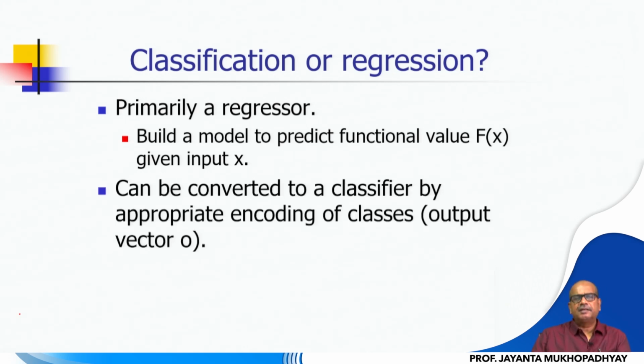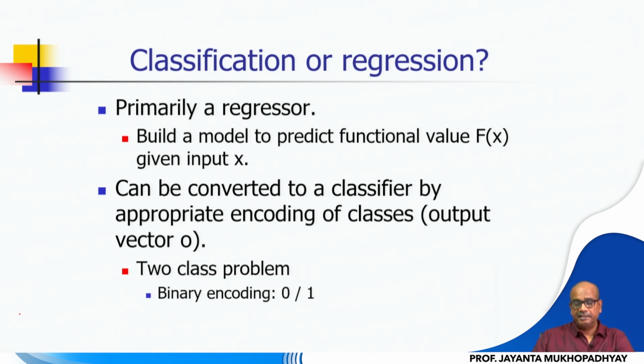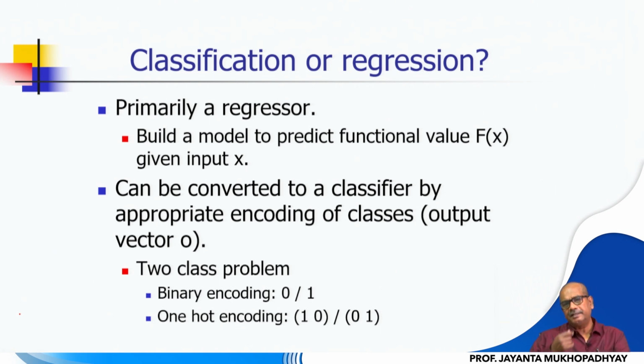Now, one of the ways you can convert it to a classifier is by appropriate encoding of classes, but there has to be some kind of policy, because exact matching of that function may not be there. So some kind of quantization needs to be considered when you are encoding into the discrete levels of those vectors. For a two-class problem, you can have, of course, binary encoding of 0, 1 or one-hot encoding of 1, 0 and 0, 1.